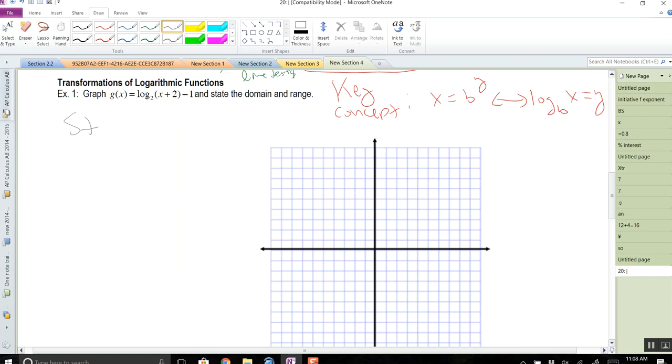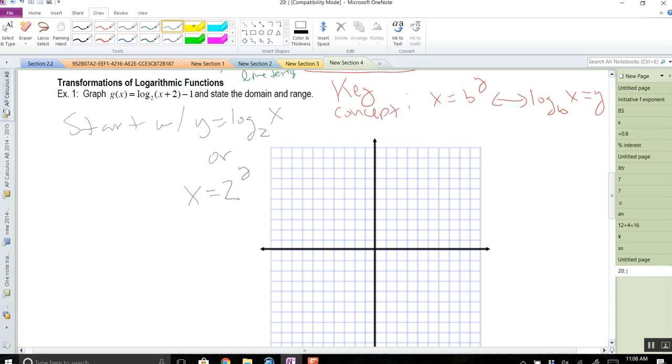You probably want to start with log base 2x. Or it's the same thing as saying 2 to what power equals x? X equals 2 to the y. Same thing. The same exact thing.